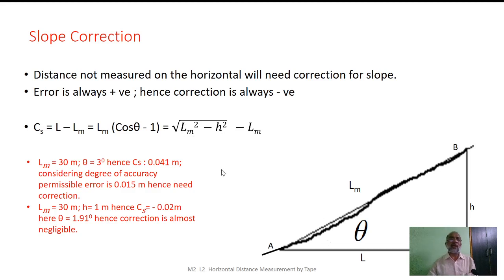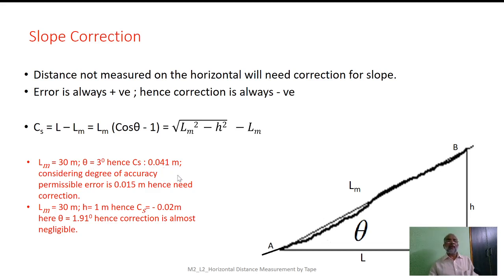Here again I would like to add one more thing. Initially we considered that whenever the slope is ranging between 3 to 5 degrees, we can consider the terrain to be flat, and we expect that no correction is required. Here, say the measured distance is 30 meters, and if theta is 3 degrees, the Cs works out to be 0.041 meters.